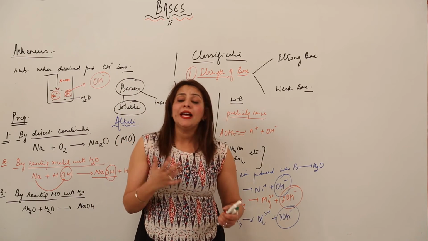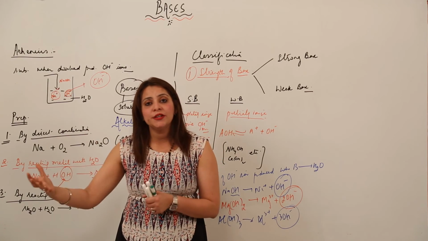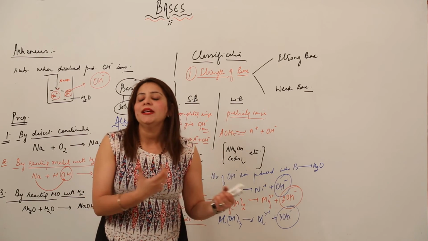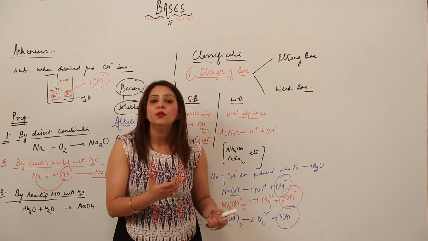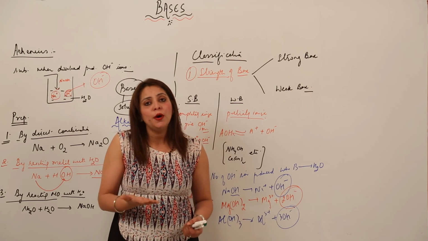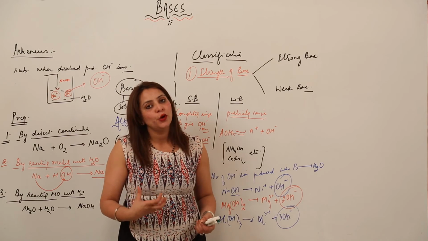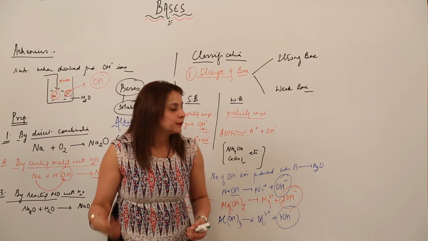And moreover, like we had acids on the basis of water content, the concentrated acid and the weak acid, likewise we have here the concentrated base and the weak base. A base which contains more water is said to be a dilute base, and one which contains less water is said to be a concentrated base.